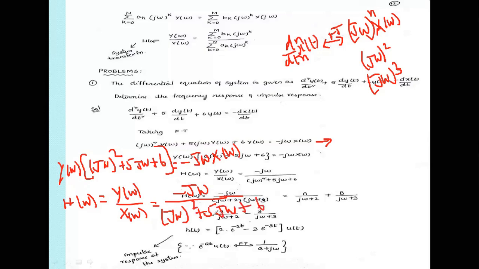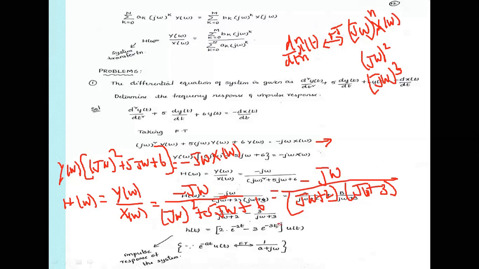So it is x square plus 5x plus 6, that is x plus 3 into x plus 2. Write this function as minus j omega by, taking the factors here, j omega plus 2 and j omega plus 3. See here, j omega square, j omega 2, j omega 3 is a 5 j omega, 2 into 3 is a 6.